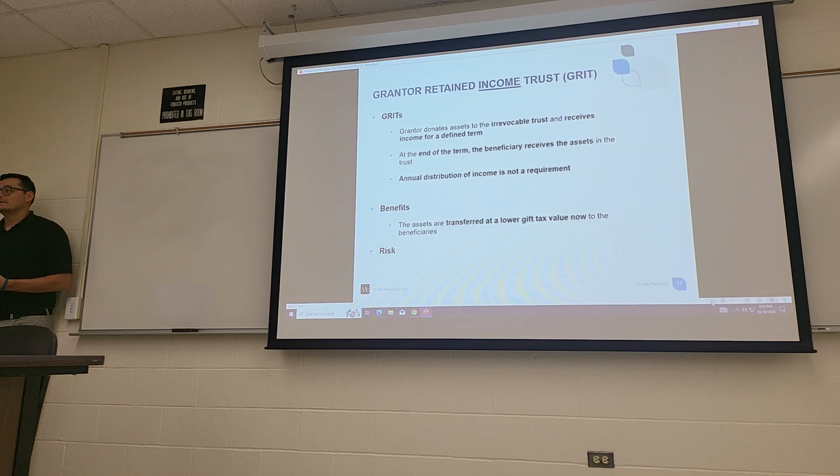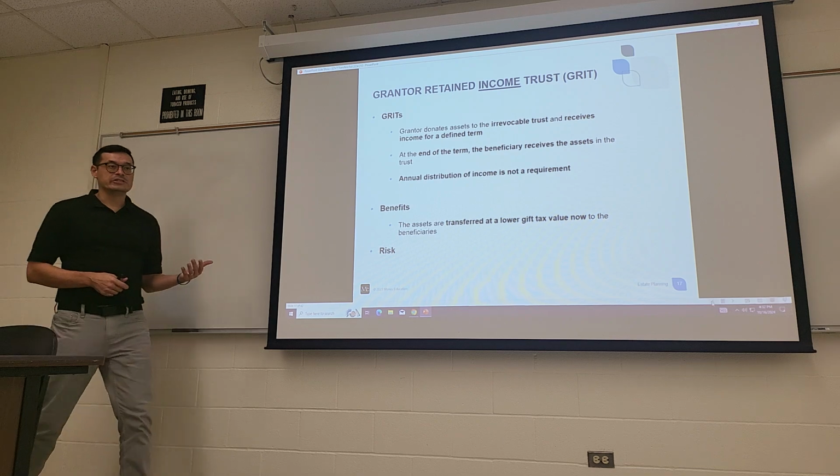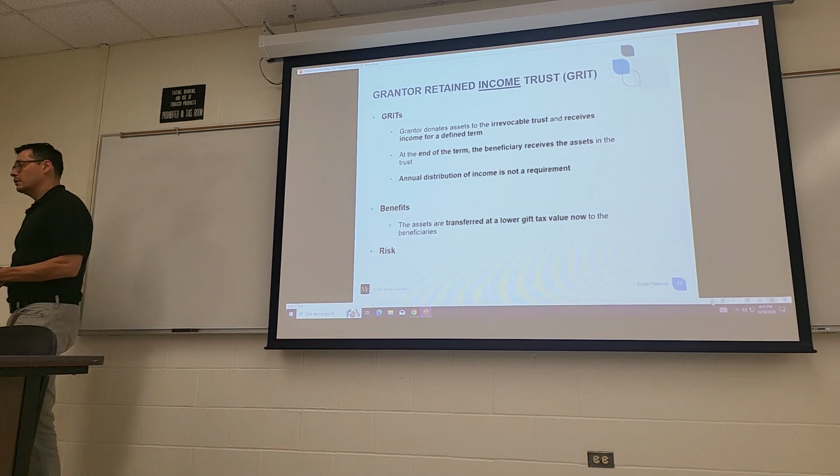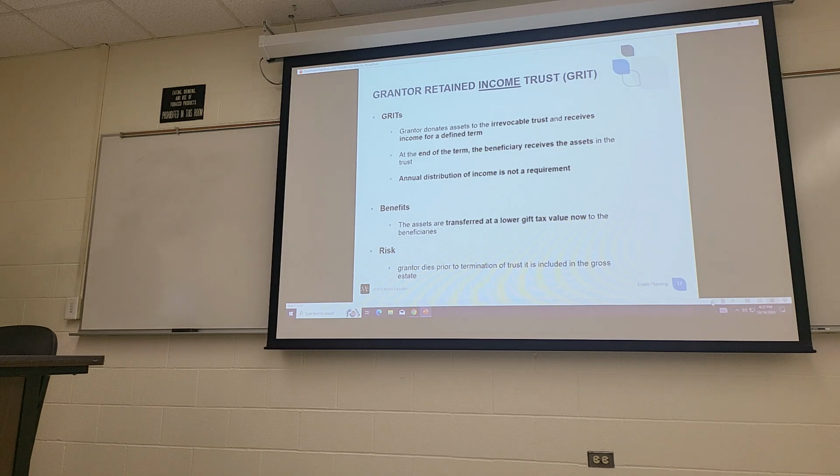If it's an appreciating asset, the transfer, subject to any gift taxes, is lower because the value of the property has not appreciated yet. The risk is the same for all of these.